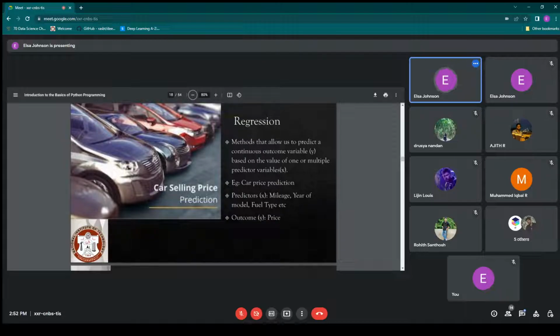So you all know the car prices will depend on the mileage, the year of the manufacture of that particular model, then the fuel type used, whether it's a petrol or diesel engine or a hybrid engine, and the body type of the car, like whether it's a sedan, hatchback, SUV, or micro SUV, like that. So its prices might vary based on these different things. So these are known as the predicted variables, and the outcome of this particular problem will be the price of the car. Okay, so that is a regression problem.